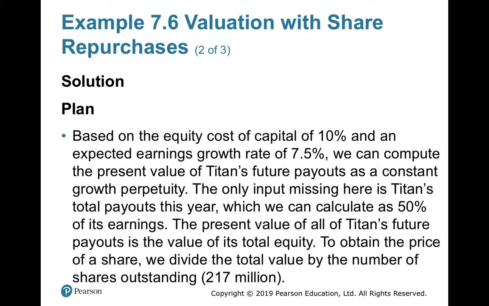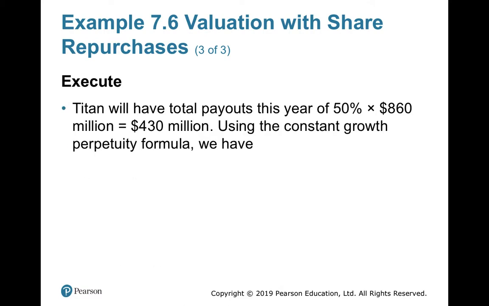To obtain the price of a share, we divide the total value by the number of shares, that is 217 million. So Titan will pay how much? Out of 860 million earning, 50% will be paid out, 430 million.